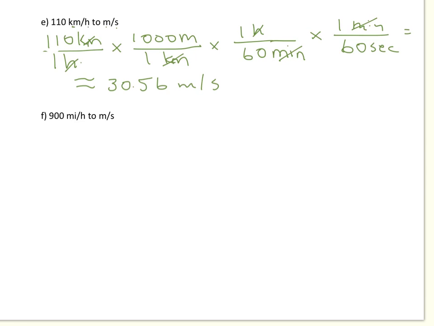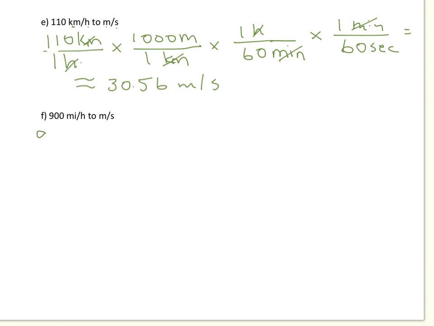So to go from miles to meters, we're going to have to go through kilometers. So we're going to go from miles per hour to kilometers per mile to meters per kilometer, and then we're going to switch over our time, our denominator, so that we get seconds in the denominator like we did in the previous question.